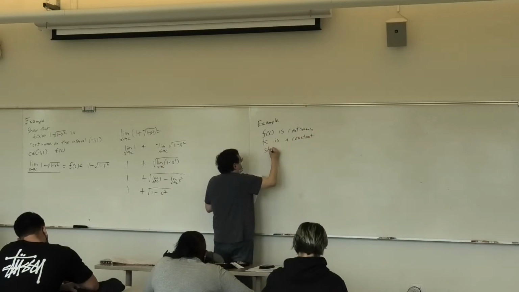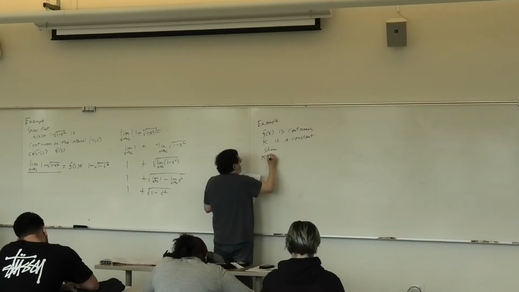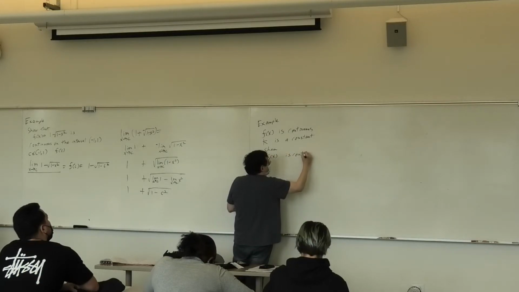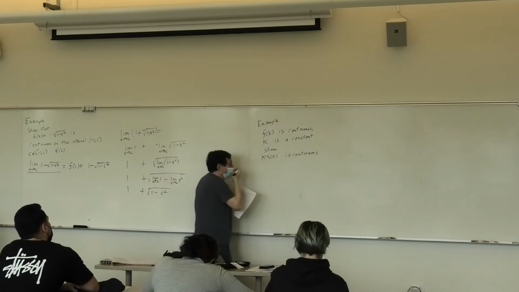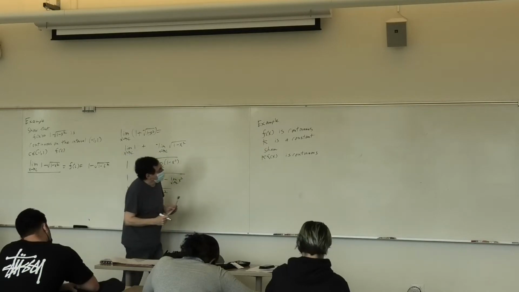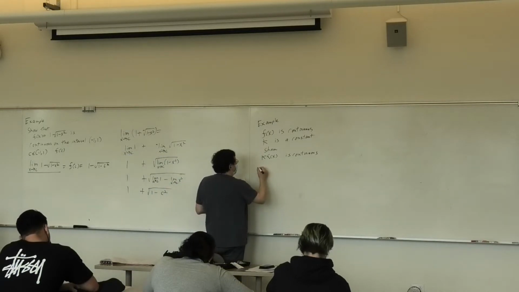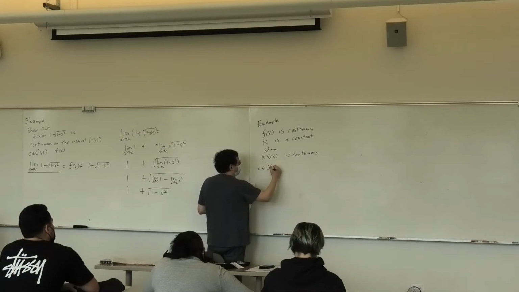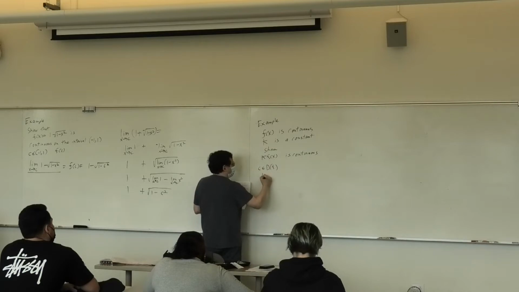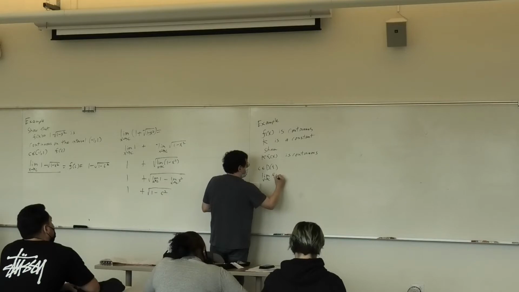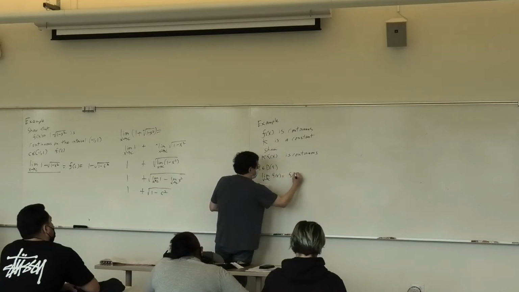Show that k times f of x is continuous. How do we show this? Well, we know for c a member of the domain of f that the limit as x approaches c of f of x is f of c.